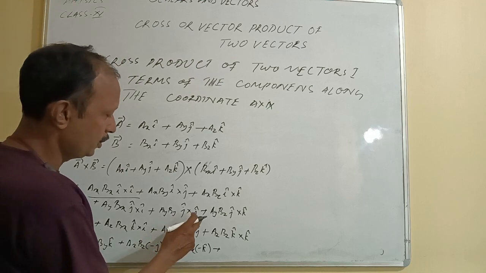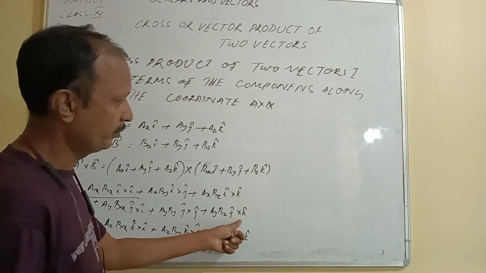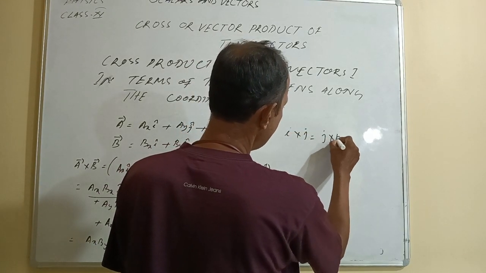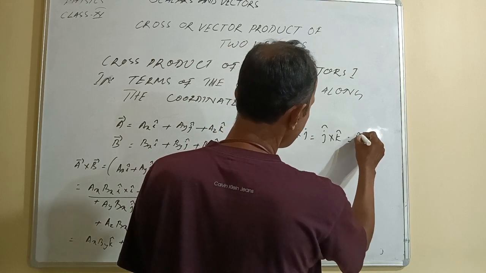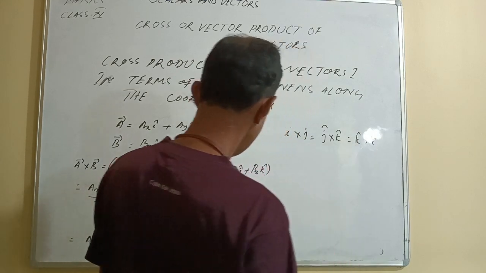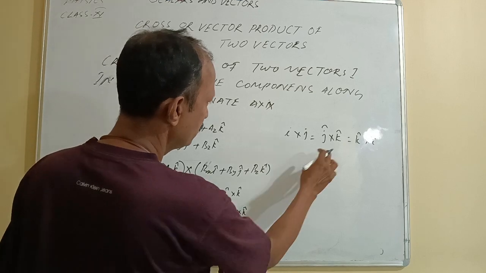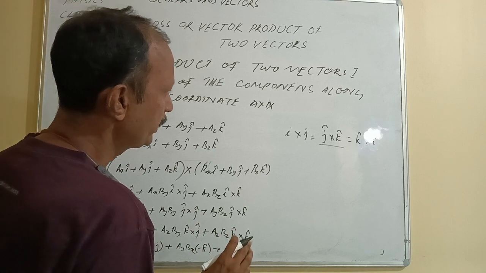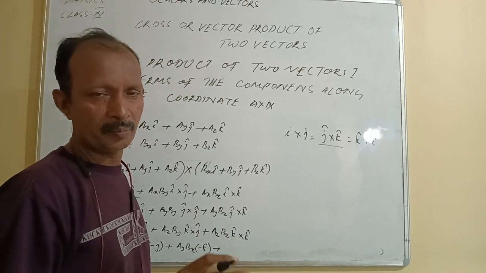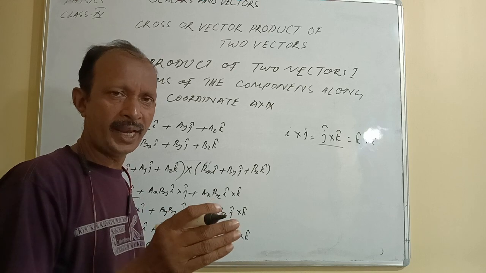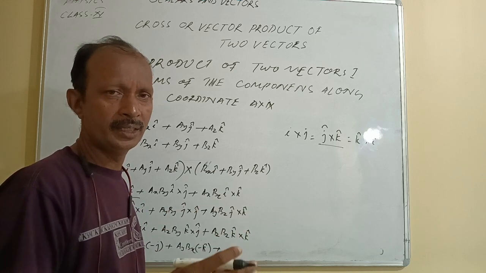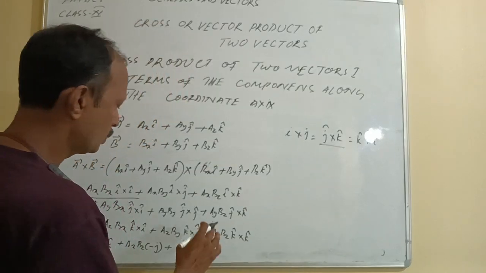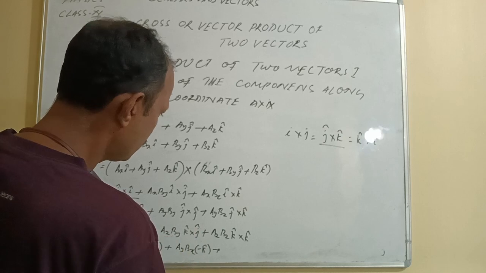This is J cross K. The order is I cross J equals J cross K equals K cross I. Here it is written J cross K, so how much will it be? It will be equal to 1, because AB sin theta means sin 90 degree, and sin 90 degree is equal to 1.